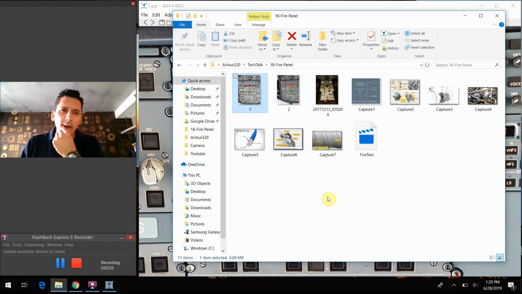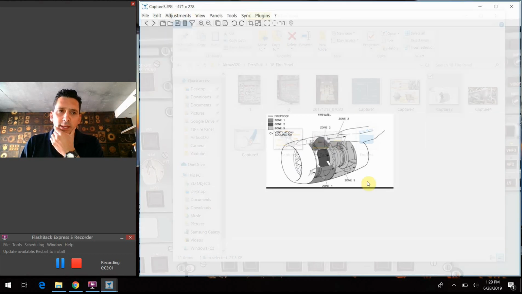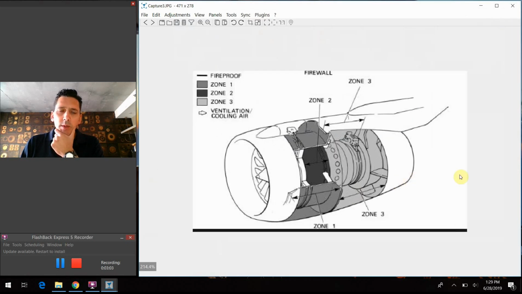First of all, within each of the engines, we have three areas that have this fire detection mounted in them, and that is the engine pylon nacelle, the engine core, and the engine fan section. So you can see in this graphic here what we're talking about.